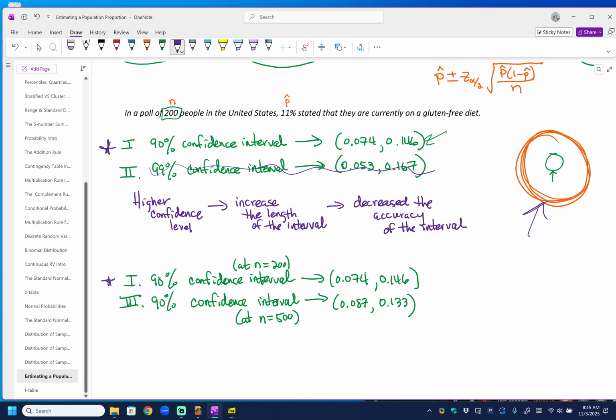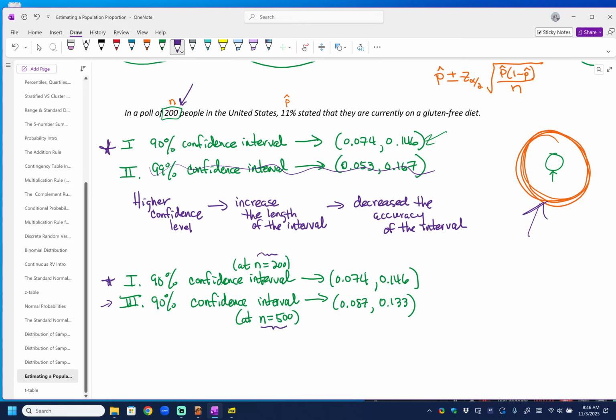You'll notice everything is exactly the same. I've also reminded you that the sample size is at n equals 200, just like here, right? But I've created a Roman numeral 3, a new interval here, that is still maintaining the same level of confidence, 90%, but I have increased the sample size to 500.